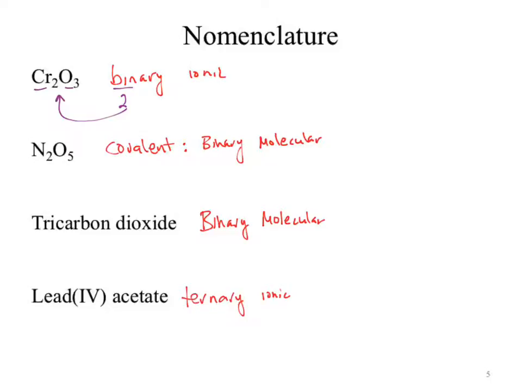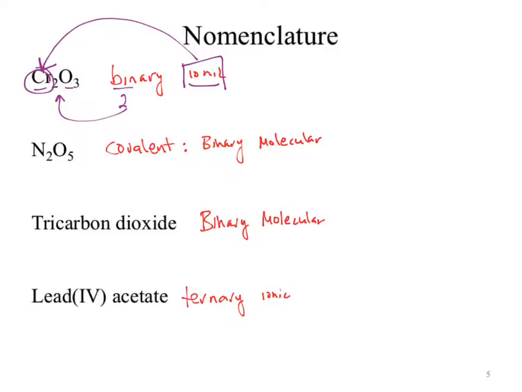Notice in our list of bonds we never mention metal bonds. Why? It's too hard. We don't want to deal with it. Okay? So the instant I see a metal, it's got to be ionic. Well, chromium is a metal. So I know that has to be named according to our binary ionic rules.